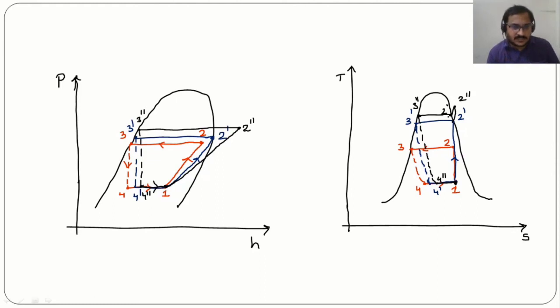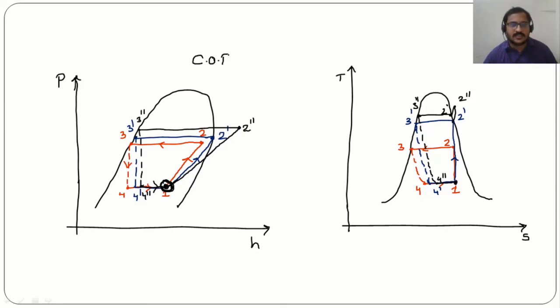Now you observe this diagram carefully. If we are considering the same condition at which the refrigerant is coming out from the evaporator, you can observe that the amount of work that is required to get superheated refrigerant out is higher. So as work input that we are giving is higher, then the COP will be less in the third case.